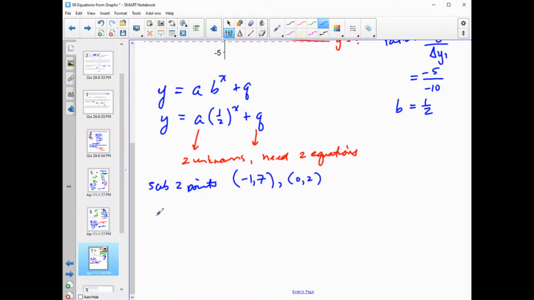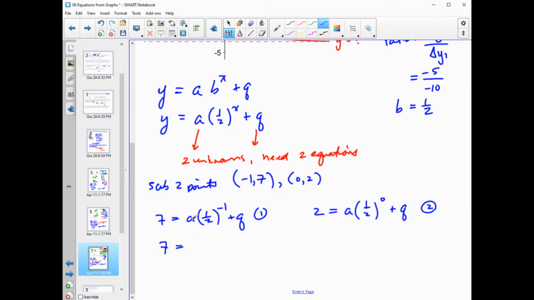So that gives me a y value of 7 equals a 1/2 to the -1 plus q, that's my first equation. And then a y value of 2 equals a 1/2 to the 0 plus q. That's my second equation.